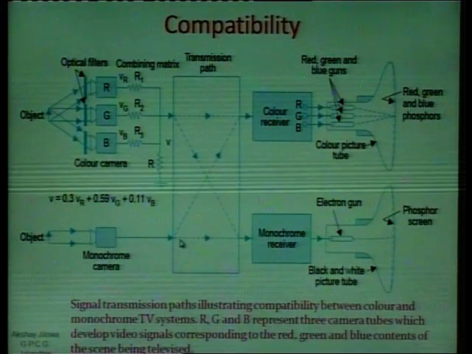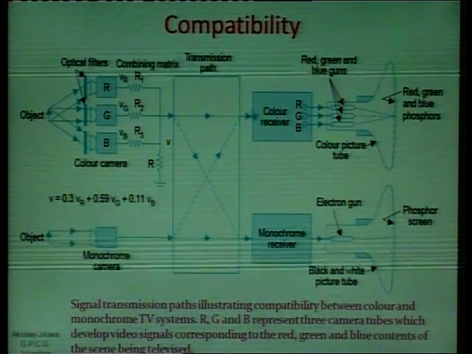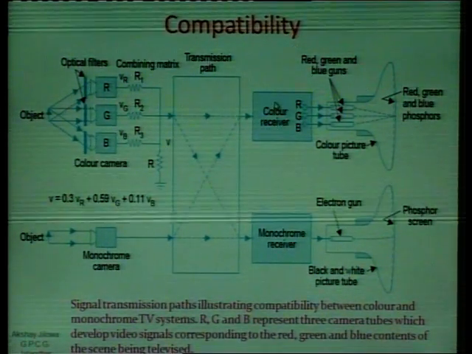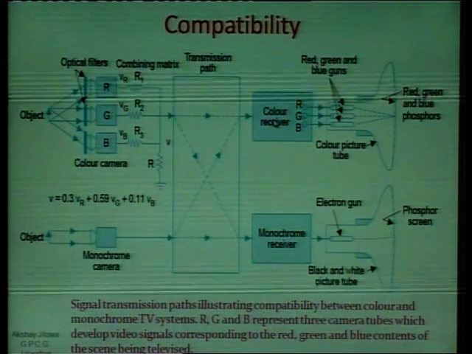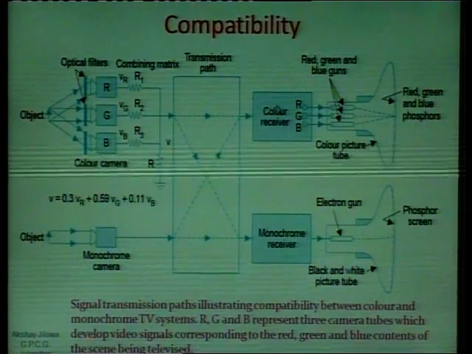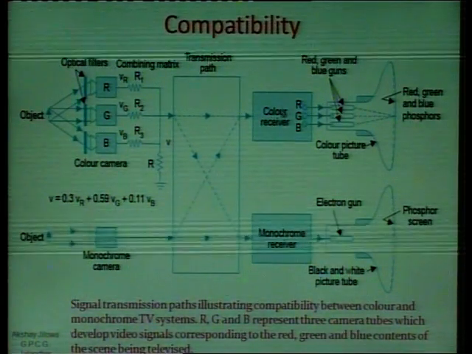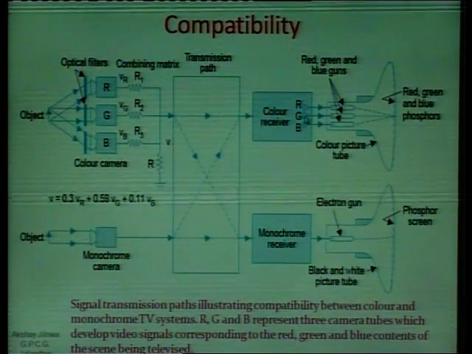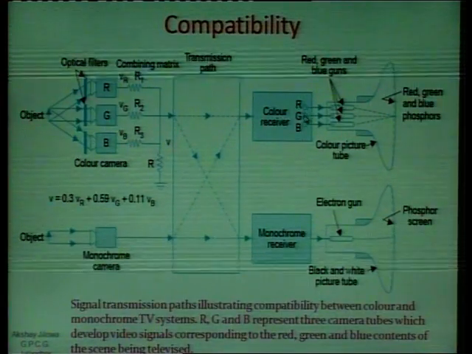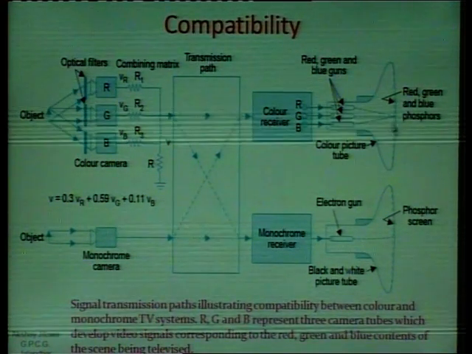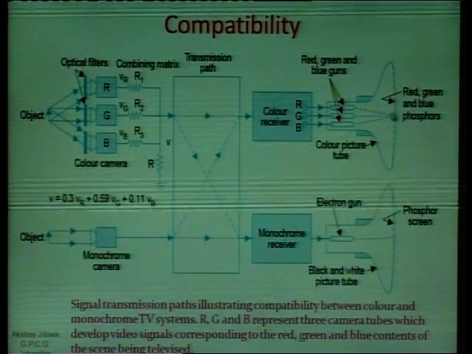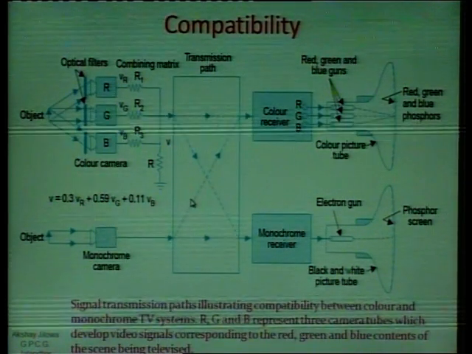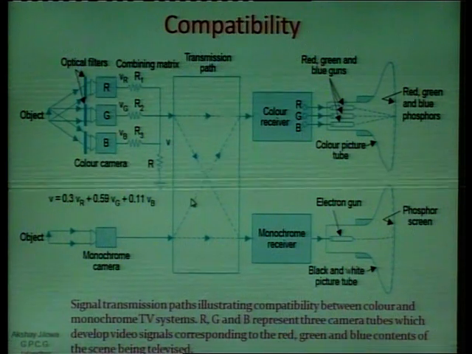Similarly, if a monochrome signal is fed to the color receiver, obviously the decoder is there, but it will not do anything because it is not RGB, it is the combined monochrome signal. So, this monochrome signal should be displayed in the corresponding R, G and B mixture or proportion to give the same kind of spot on the screen. If this is ensured, if this is possible, then we say the system is compatible.